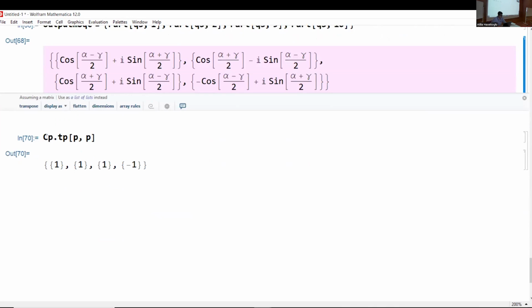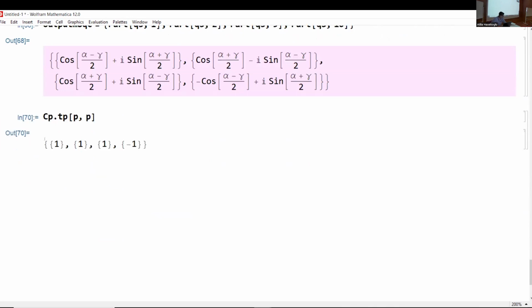Okay, I first apply the control phase gate, then I need to apply Z minus alpha H tensor product. This is on the first qubit with identity.